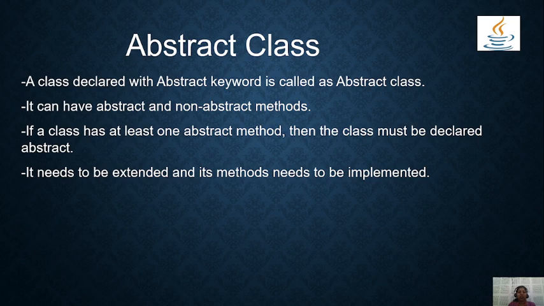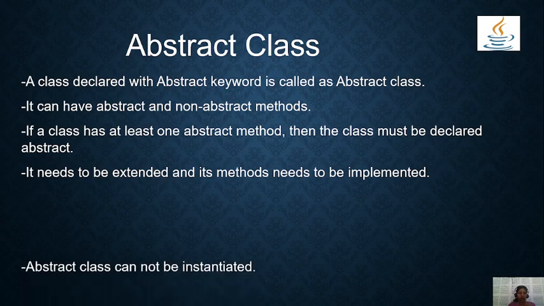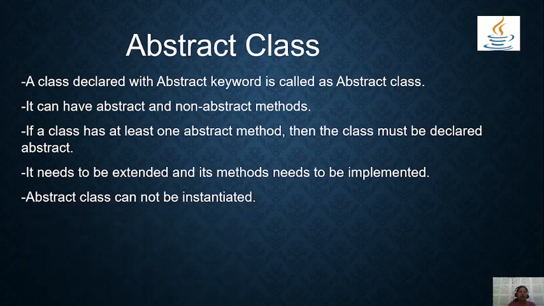We need to give the implementation in some other class, so the abstract class needs to be extended and the abstract methods need to be implemented in the subclass. The main key point is that the abstract class cannot be instantiated.